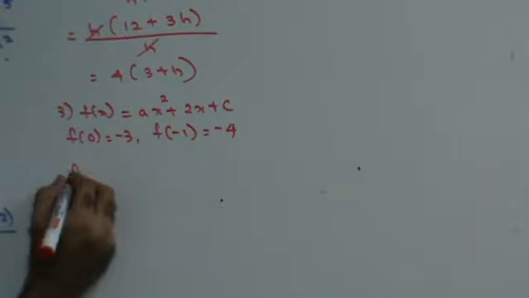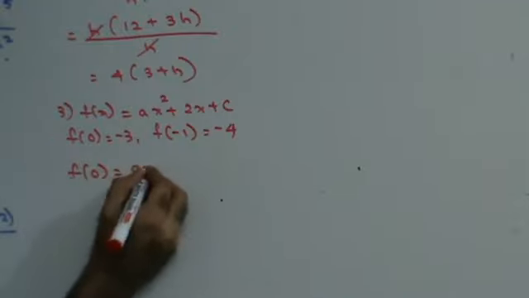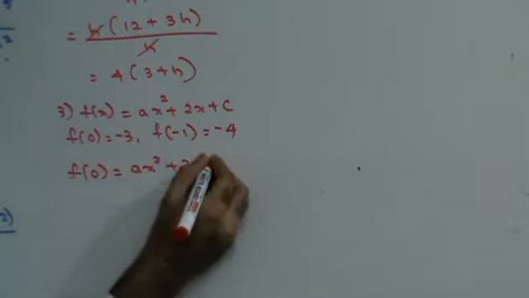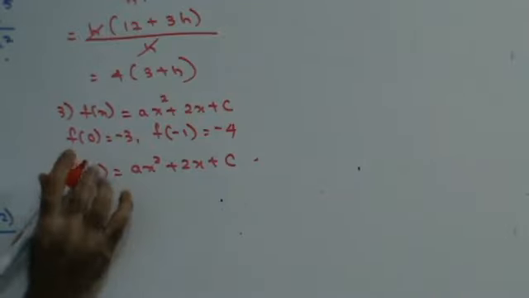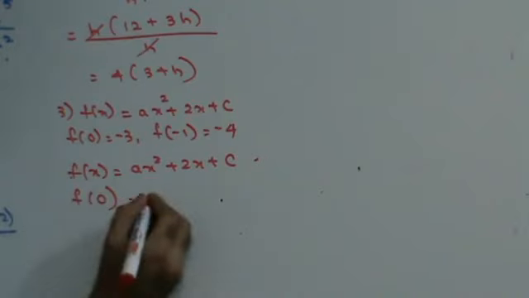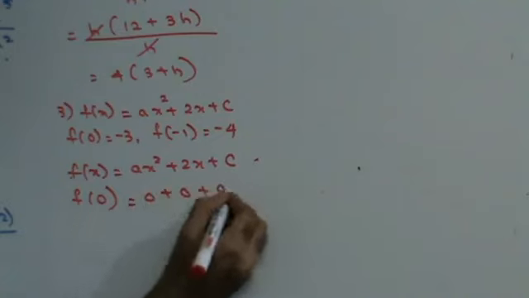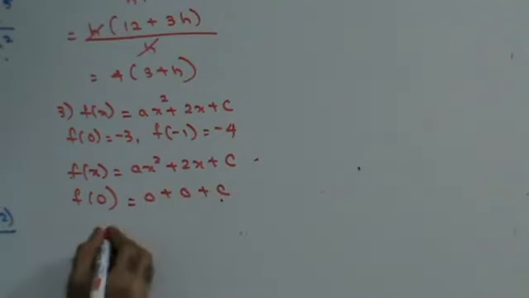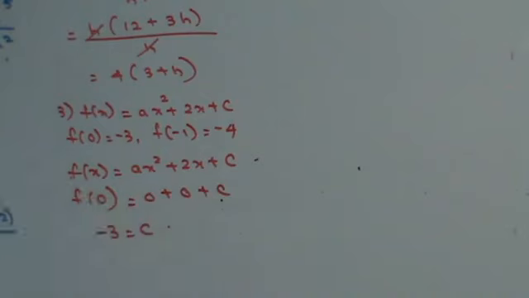Now f of x is given to you as ax square plus 2x plus c. So what will be f of 0? Wherever there is x, substitute the value of x as 0. So this will be 0 plus c. But what is the value of f of 0? Minus 3. So you will get minus 3 is equal to c.